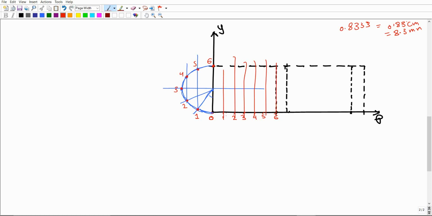Make sense? Then your objective is just to draw horizontal lines from these marks over the circle.